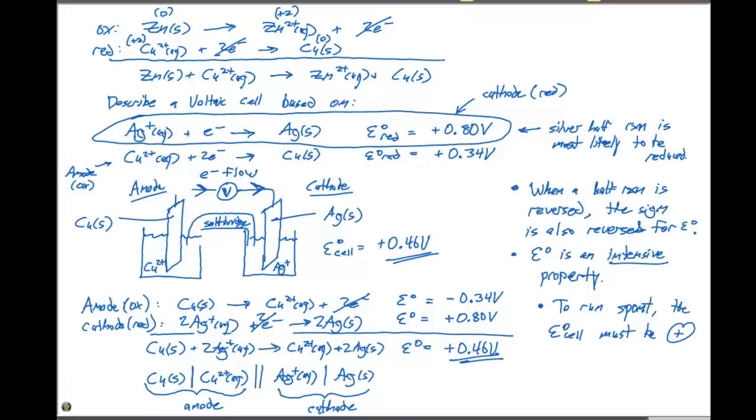Notice that when we write the species on the left-hand side, the copper solid is being oxidized to copper 2 plus, so we put the copper solid on the left to right. And then for the cathode, the silver plus is being reduced to silver solid, so we also write those from left to right in our particular process. So this is the convention. If you see this abbreviation term down here, that's describing this entire process that we just analyzed.